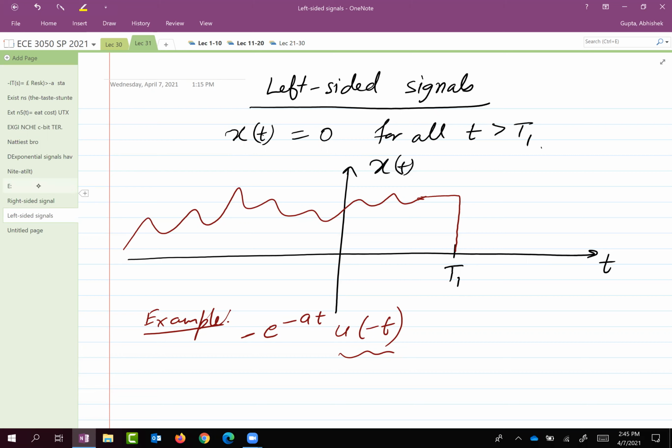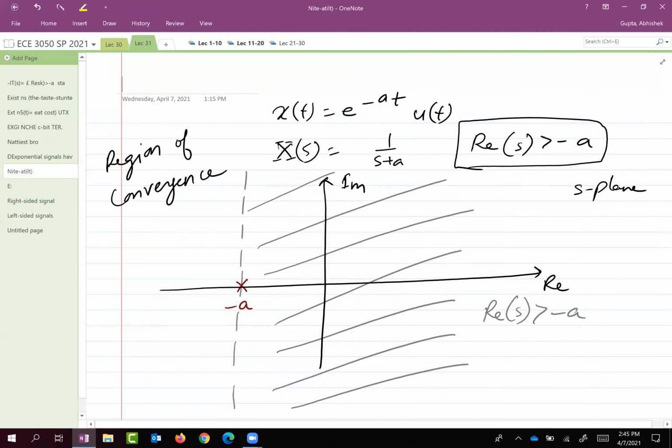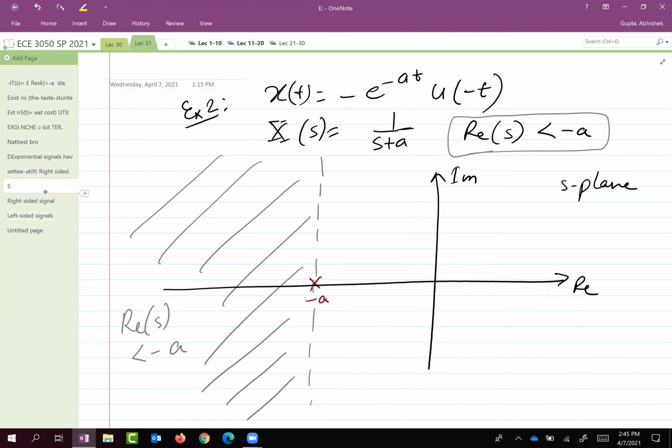And what we noticed in the examples: this is a right-sided signal, and in the right-sided signal, the region of convergence is on the right side of the pole. This is the property of a right-sided signal, whereas this is a left-sided signal.